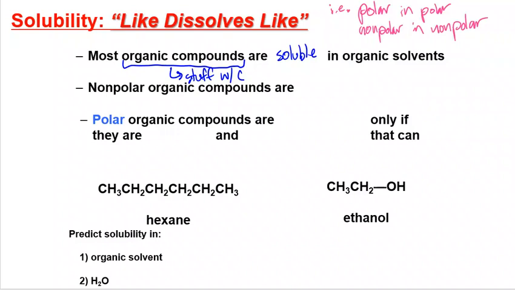Okay, so if organic solutes are almost always soluble in organic solvents, then what are they not soluble in? This is where we have to think a little bit more closely about intermolecular forces, because we know that the most common solvent is water, right?